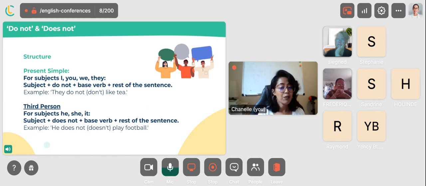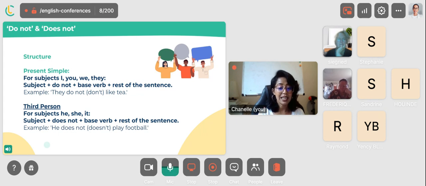For the present simple, for the subjects I, you, we, and they, we use the subject plus do not plus the base verb and then the rest of the sentence. For example, they do not or don't like tea.